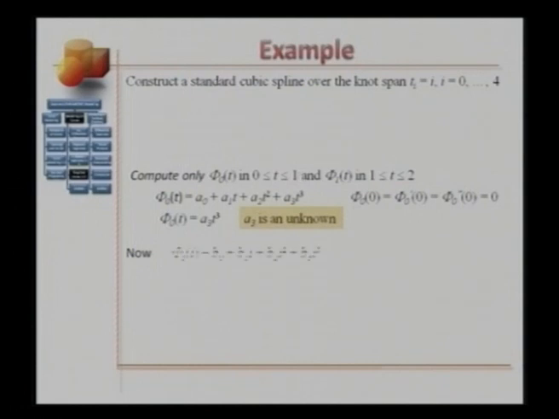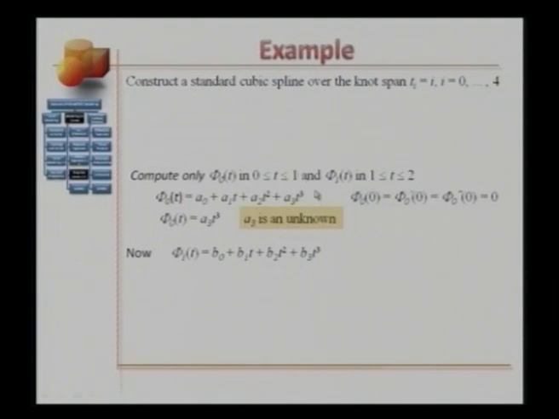Now, phi 1 being also cubic, we can write phi 1 as b0 plus b1 t plus b2 t squared plus b3 t cubed, where now b0, b1, b2 and b3 are unknowns. How do we find them? All we need to do is ensure position, slope and the continuity in second derivative at the junction point t equals 1.